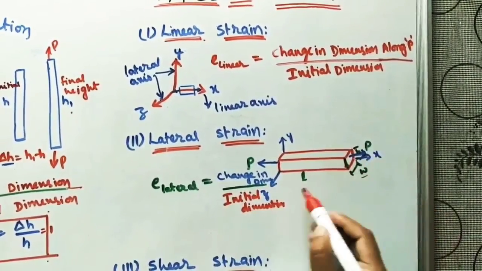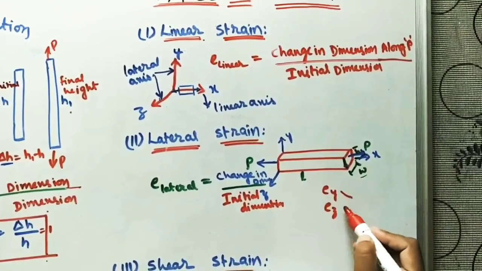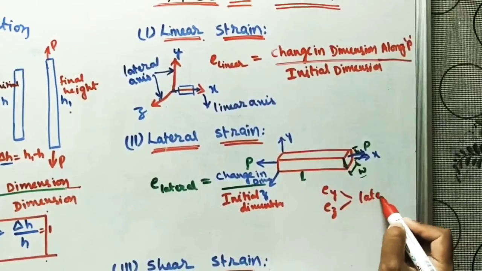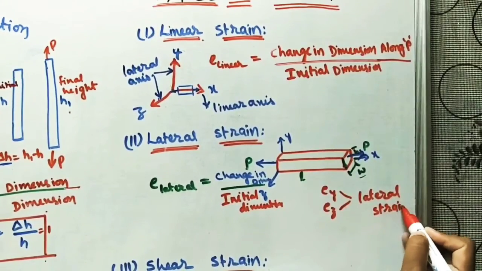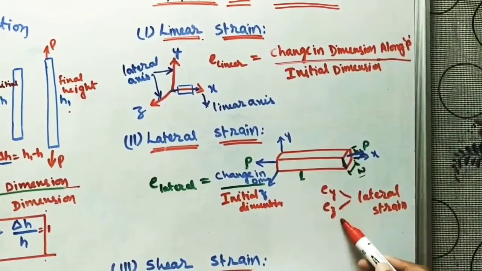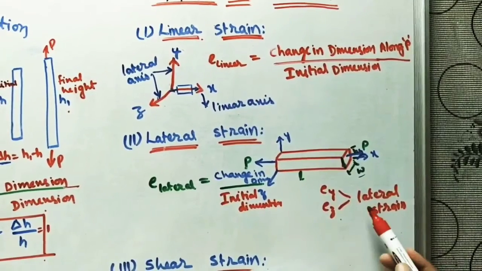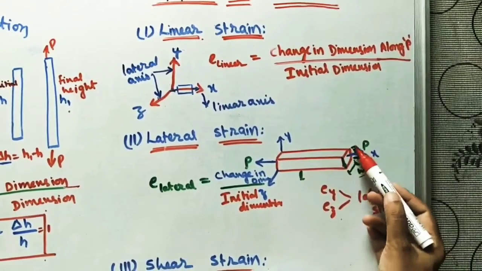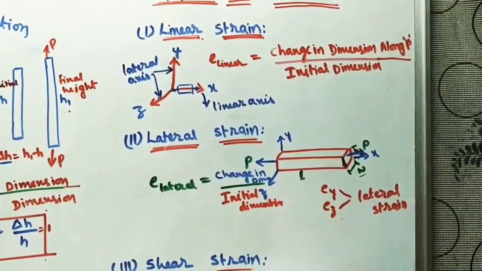Two lateral strains, along the y-axis and along the z-axis. It has one linear strain along the x-axis, and from the other two axes it is getting the lateral strain. In lateral strain the values are getting reduced.